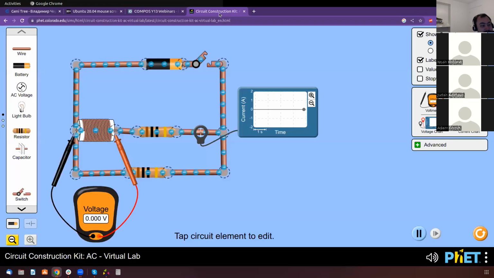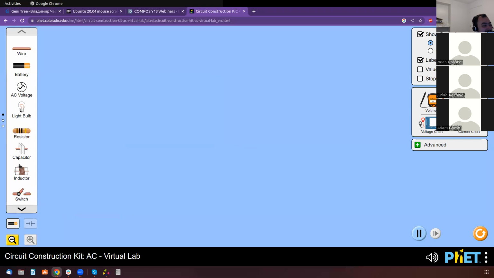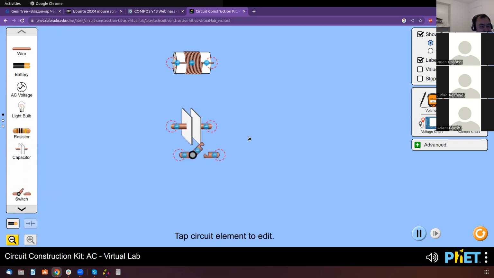Let's have a look. This is the absolutely beautiful circuit. I just love it. So, an inductor and a capacitor.